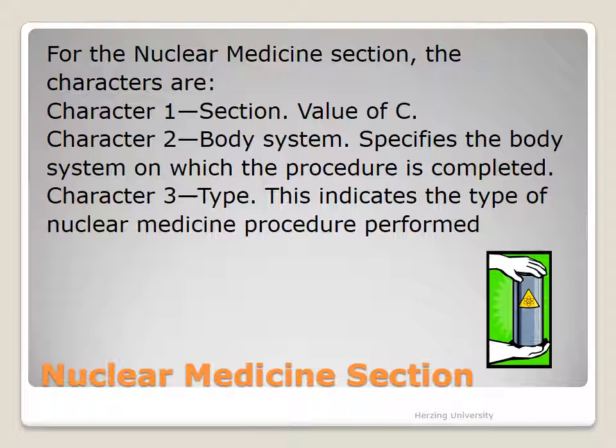You can have planar nuclear medicine imaging, which has a value of 1, tomographic nuclear medicine imaging, which has a value of 2, positron emission tomographic imaging, or PET, has a value of 3, non-imaging nuclear medicine uptake, which has a value of 4, non-imaging nuclear medicine probe, which has a value of 5, non-imaging nuclear medicine assay, which has a value of 6, and systemic nuclear medicine therapy, which has a value of 7.